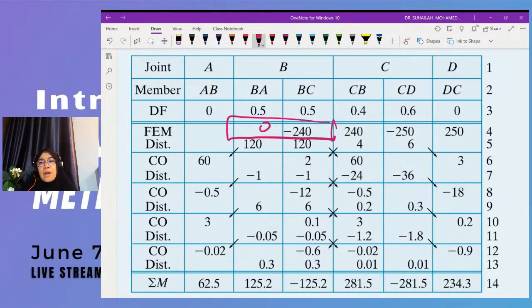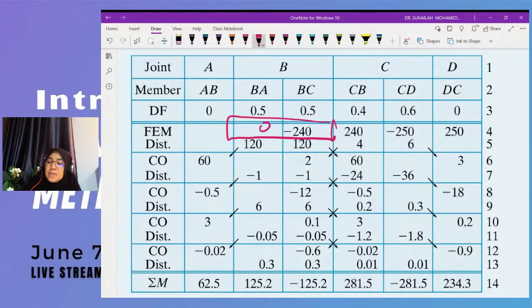Changed to joint moment, it will become positive 240. Previously I explained the opposite characteristic of joint moment and member end moment. So the moment that we distribute is joint moment. For B, the joint moment is positive 240. That is why positive 240 times 0.5, we get 120 positive.